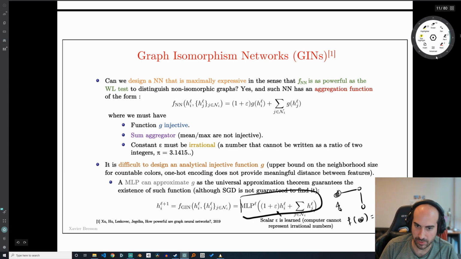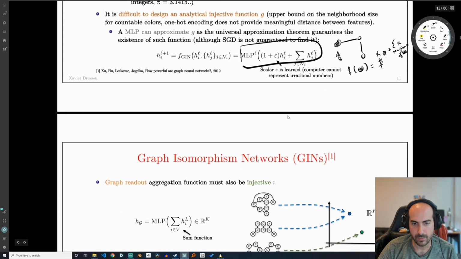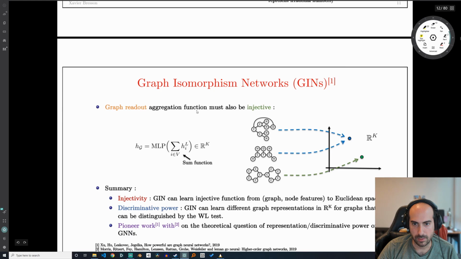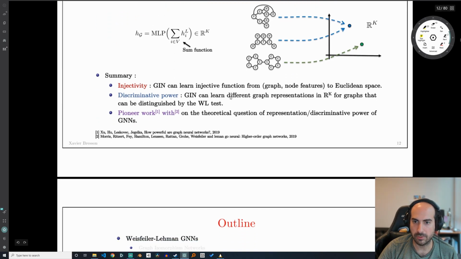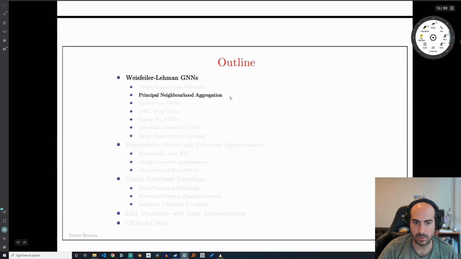So this is the general structure. This is the current node, and these are your neighbors, and you weigh how important each one is. So the graph readout aggregation must also be injective. Cumulative power can learn different graph representations.